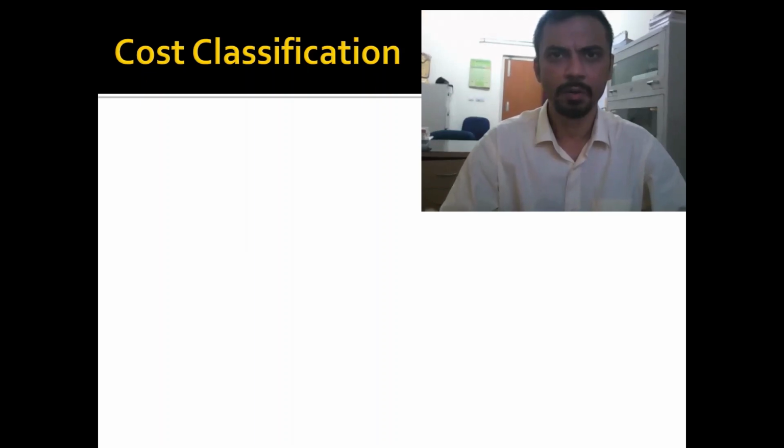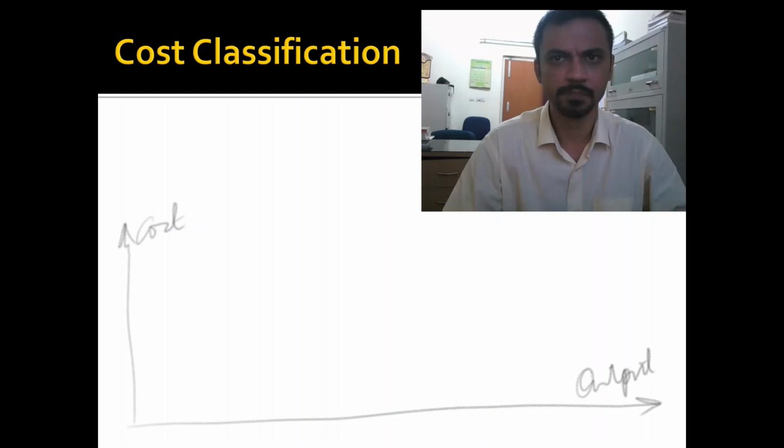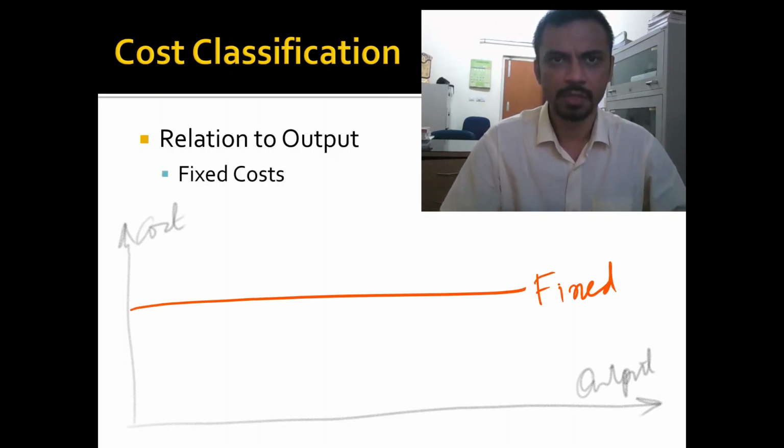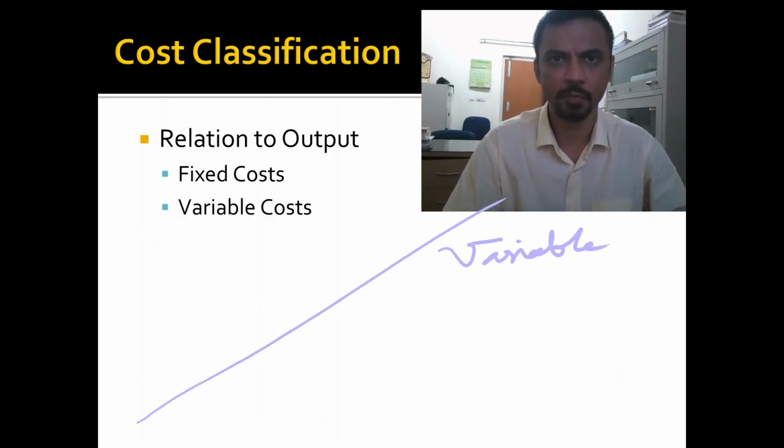Earlier, we talked about a typical cost sheet that divided costs into material, labor, overheads, and others. You might also recall the other basis of classification based on the relationship with output produced. This is called the characterization of costs into fixed and variable. Fixed cost does not vary with output, whereas variable cost varies directly with output.